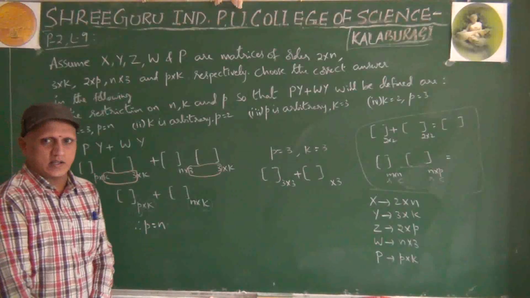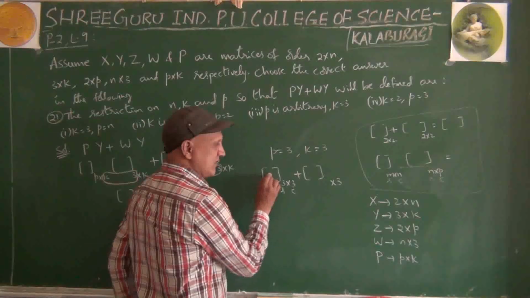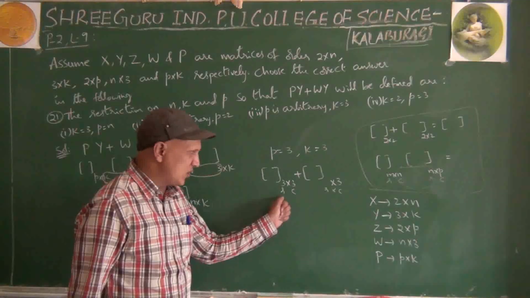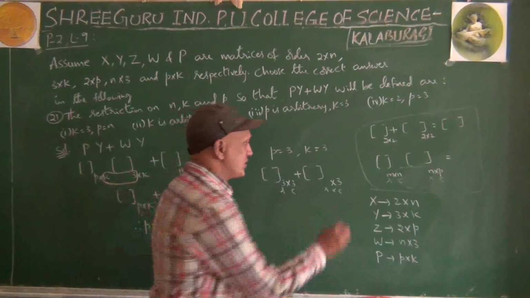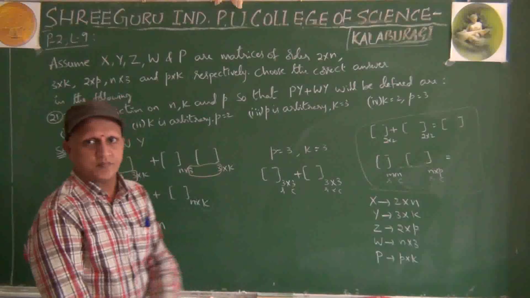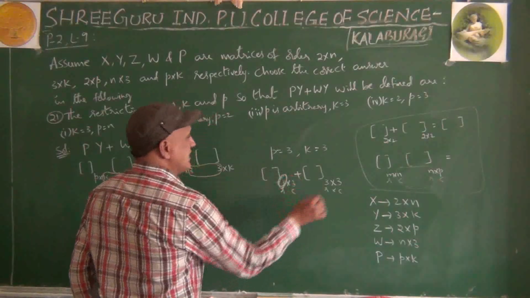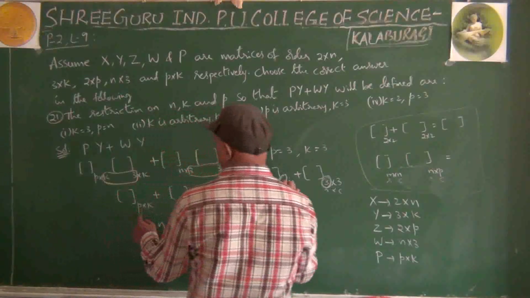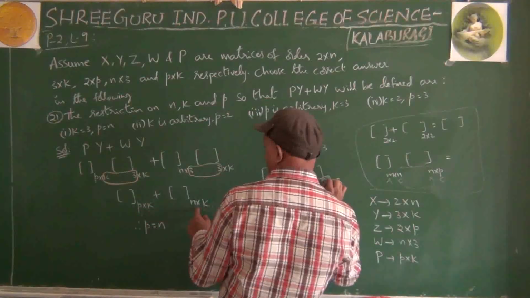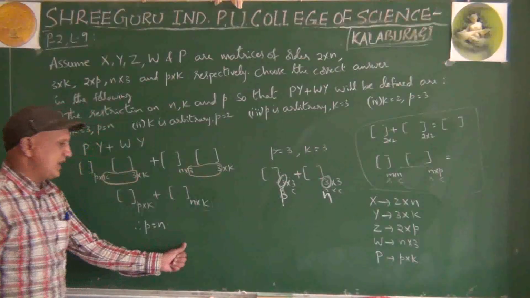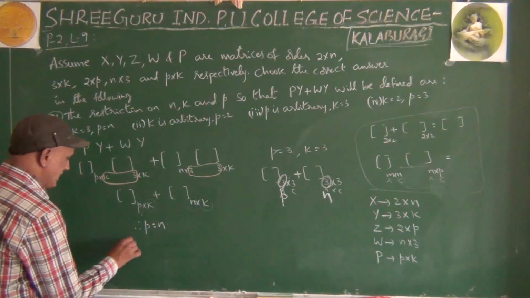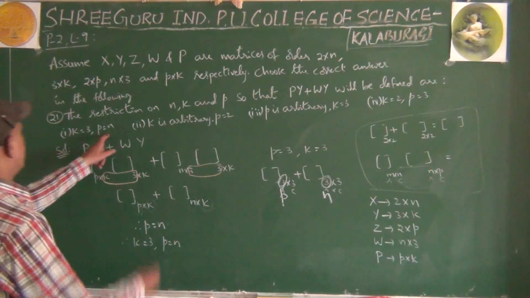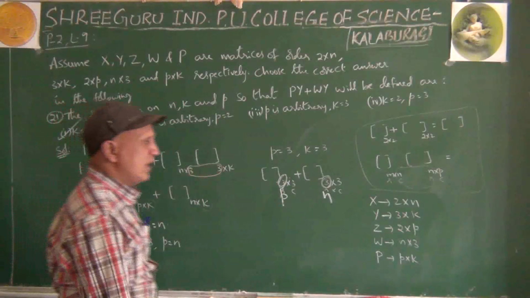If you want to add two matrices, the number of rows and columns of the first matrix and of the second matrix should be the same. The number of rows is 3, so the number of rows should be 3 here also. Whatever you write here, the same you have to write here. In this place we have p, in this place we have n. That's why I wrote p equal to n. Finally k equals 3, p equals n. We have to mark a tick.